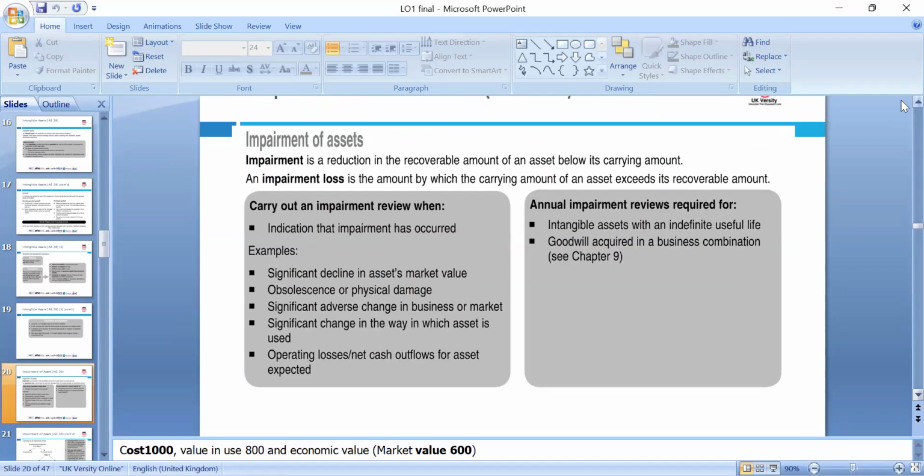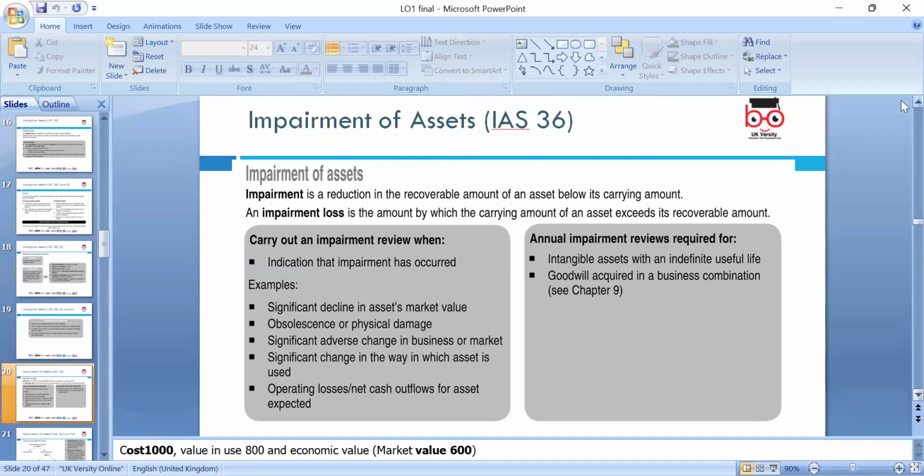Okay, impairment, which is a loss that comes under IAS 36. An asset needs to be impaired if its carrying value is higher than its value in use or market value, because the financial statements should provide true and fair information.